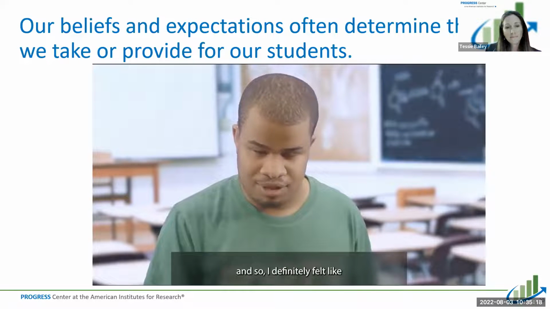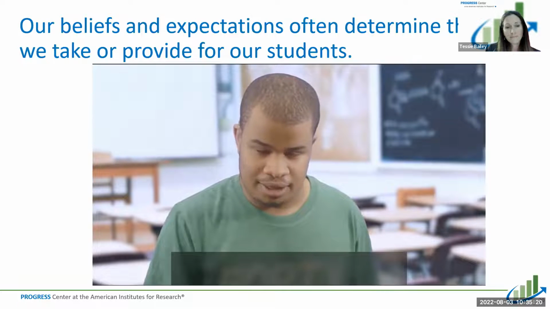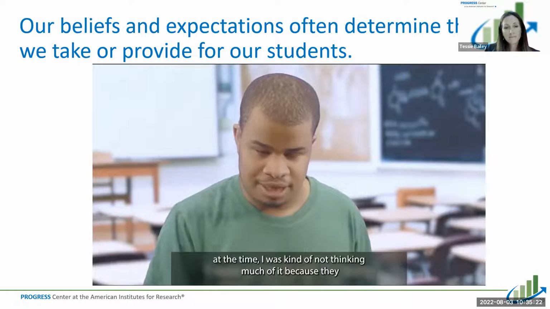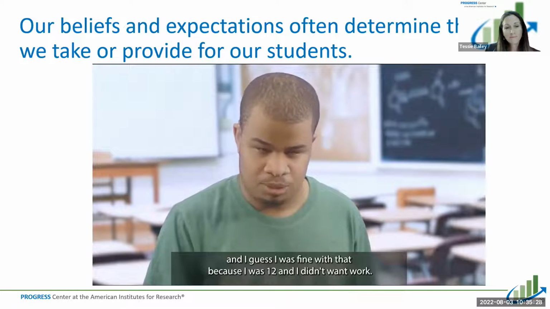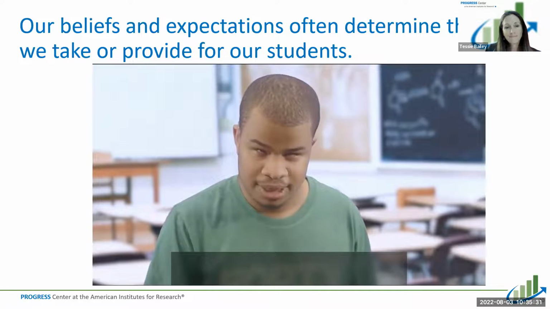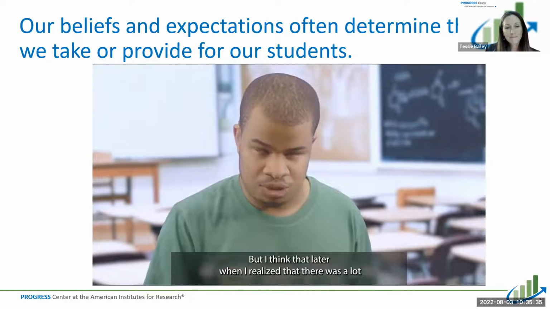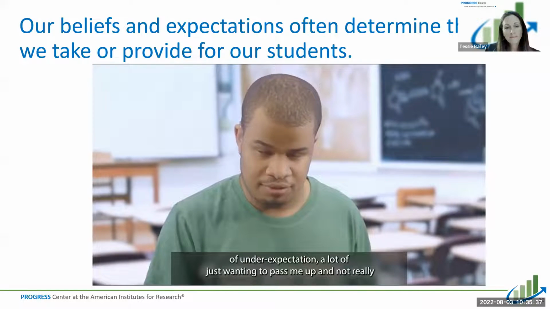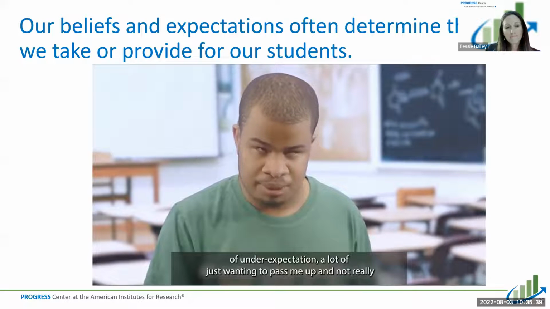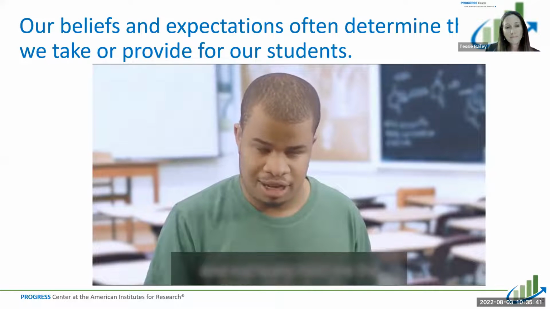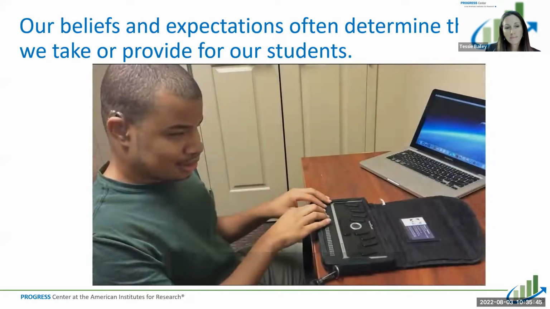And so I definitely felt like at the time I was not thinking much of it because they weren't really giving me work, and I guess I was fine with that because I was 12 and I didn't want work. But I think that later on I realized that there was a lot of under expectation, a lot of just wanting to pass me up and not really treat me the same way as my sighted peers.